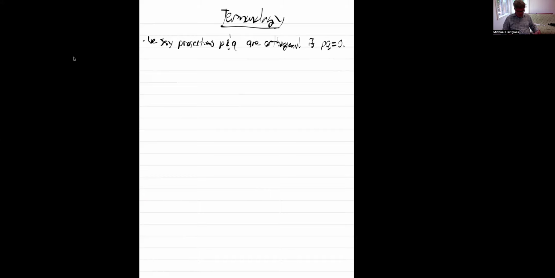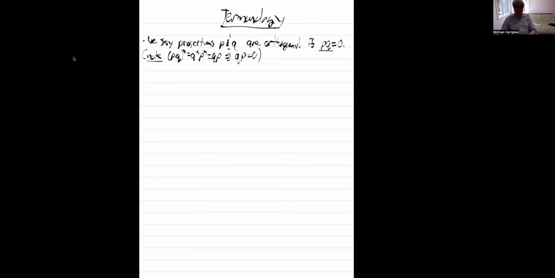And I want to make a note here that this also means that QP is zero, because (PQ) star is then Q star P star, which would be QP. And so that implies that QP is zero. So it doesn't matter which order: if PQ is zero, QP automatically has to be zero.